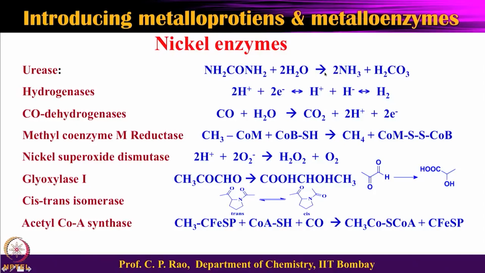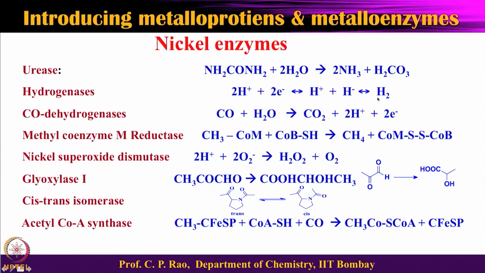Urease reaction: urease is urea, ase means breaking. So, breaking the urea or hydrolyzing the urea. You can see urea, NH2CONH2, with 2 equivalents of water giving rise to ammonia and H2CO3. Hydrogenase is reversible: protons are reduced to hydrogen gas and hydrogen gas is oxidized to protons.